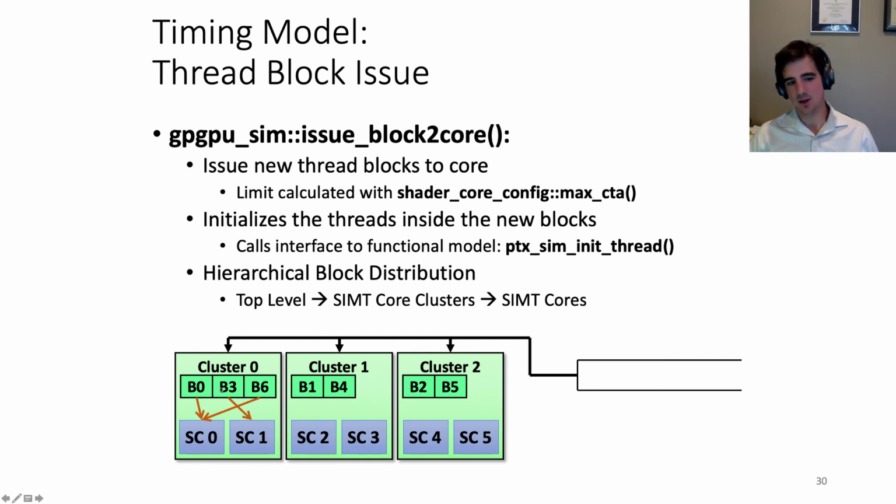So, the global round robin said that blocks 0, 3, and 6 live on cluster 0. Then block 0 will live here, block 3 will live here, and block 6 will live here, and so on. If you don't have enough work, it'll try to bring as much of the resources online as possible, and then backfill in a hierarchical manner.